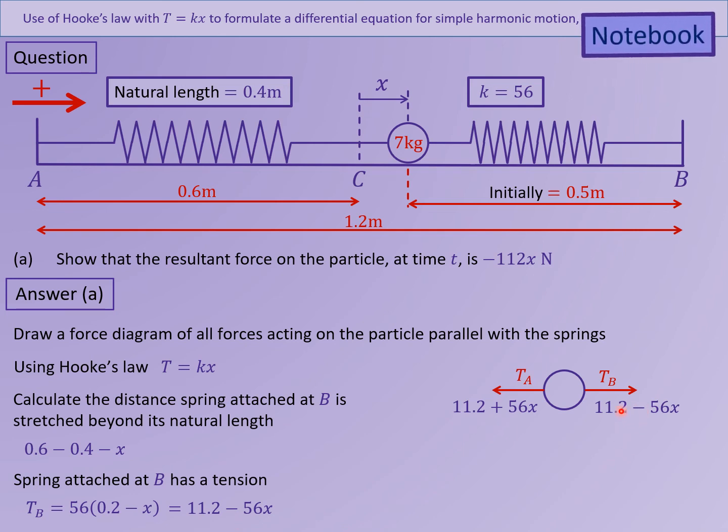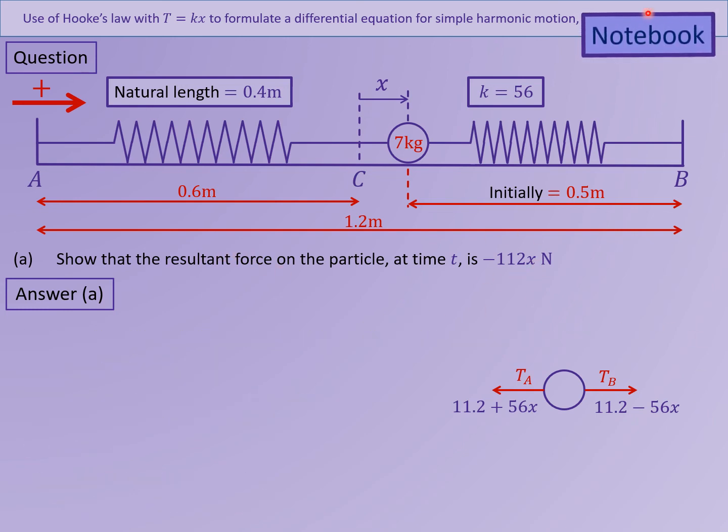Okay. What's the resultant force? I want to show that it's this value just here. Now we know that the resultant force, it's told us it's in a positive direction, is this way. So if I'm looking at this in the positive direction, then it's going to be TB minus this one that's pulling in the opposite direction.